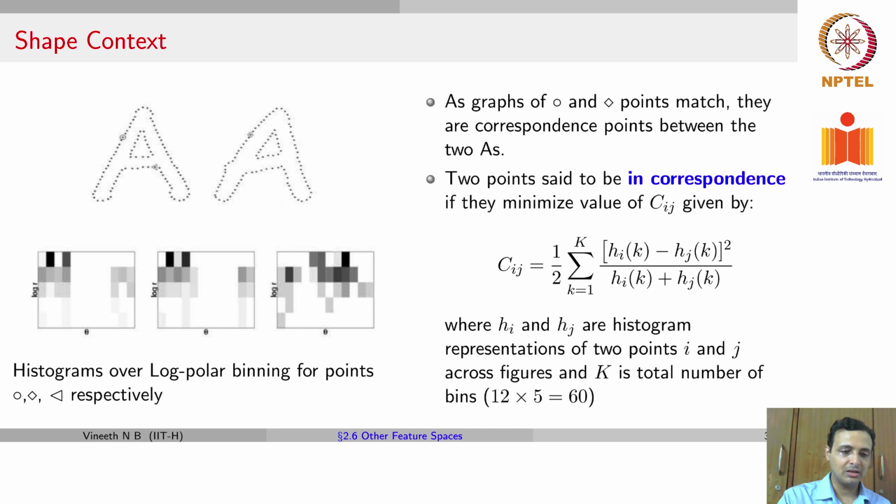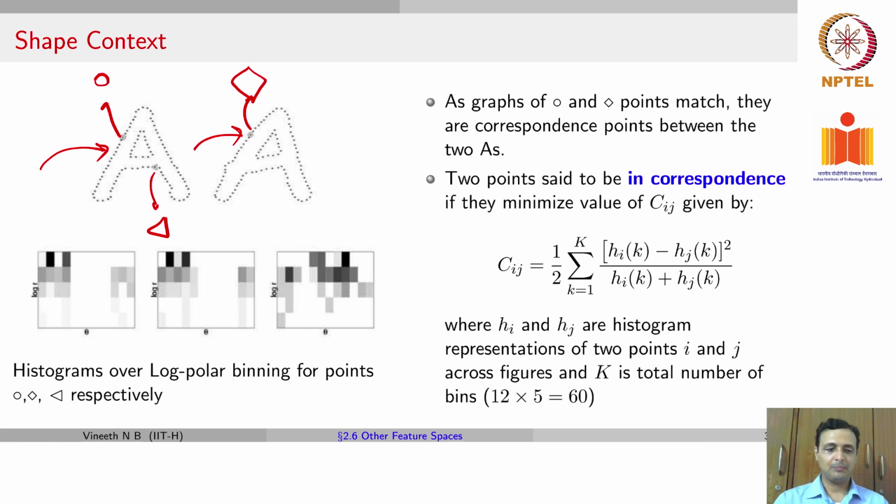So let's consider 2 different images. Now if you consider this pixel, if you cannot see carefully, this is a circle, this is a triangle, and this is a rhombus.